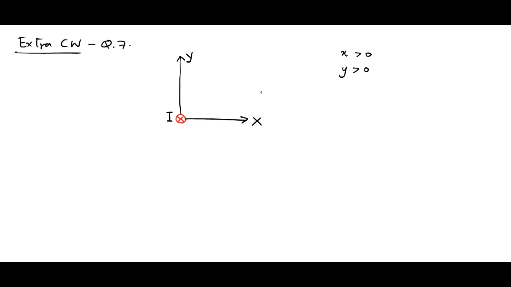The answer probably wouldn't change if you change the quadrant, but as an example, we'll take a point. Let's say that point is over here. Its coordinates are x, y, and 0.